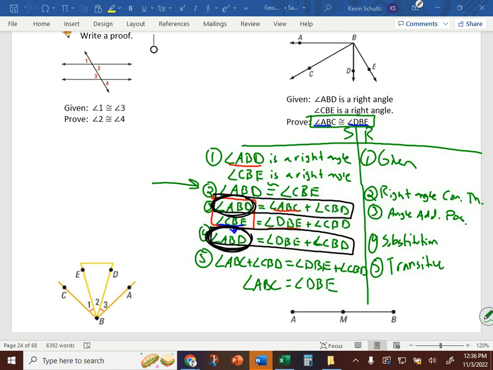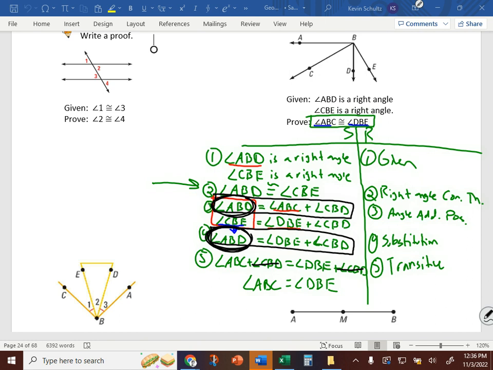Yes, you took away angle CBD from both sides of the equation, did you not? What property allows us to take something away? It's the subtraction property. The subtraction property allows you to take something away from both sides of the equation. Because angle CBD was on both sides of the equal sign, we can subtract CBD from both sides and get rid of it.